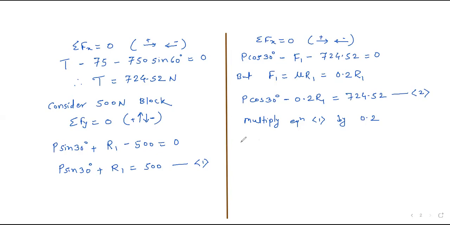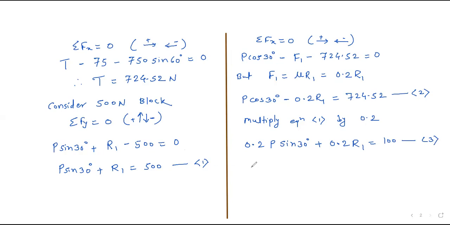Sin 30 is 0.5. Am I right? Sin 30 is half, 0.5. And we are multiplying by 0.2. I will write here 0.2 P sin 30 plus 0.2 R1 is equal to, हे किती आहे सांगा, 0.2 into 500. 100. So now this will become my equation number 3.